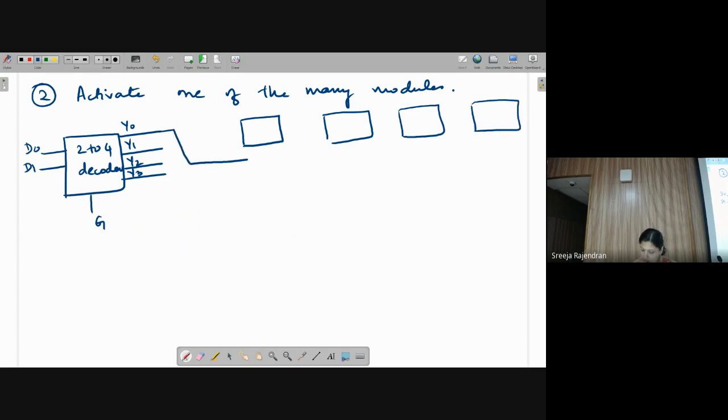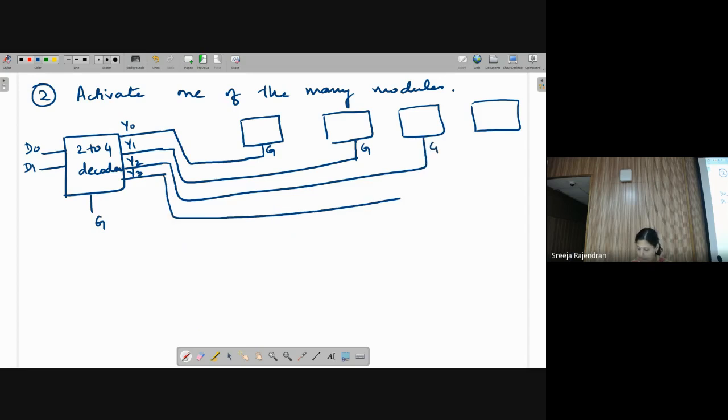Now this can be connected to the enable of this one, this output. This can be connected to the enable of this one. These are all other decoders, 2 to 4 itself, let's say.